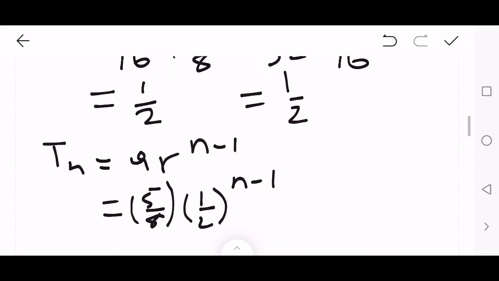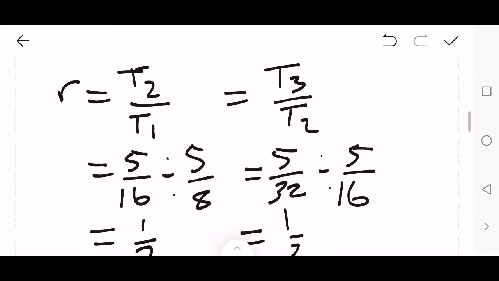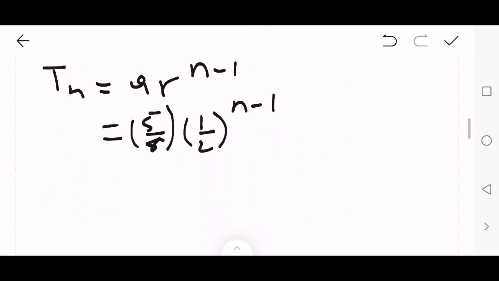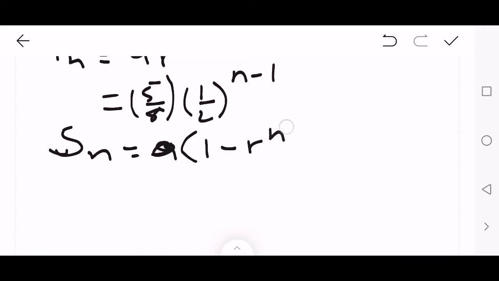So now we can determine, as we have seen here, that k is the sum of this series. We can determine the sum of the series. So Sn equals a into 1 minus r to the power n over 1 minus r.